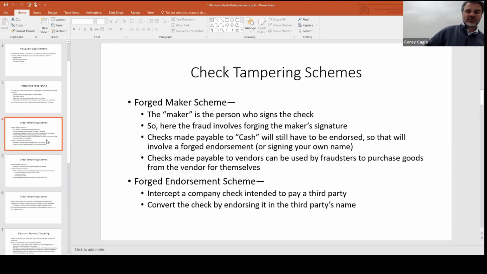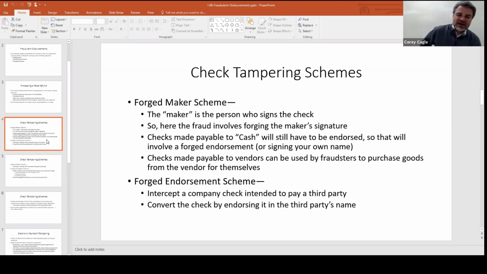Forged maker, the maker is the person who signs the check. The endorser is the one who signs their name and cashes it, right? So you do kind of have to keep that straight. The maker made the check, wrote the check, signed my name, here you go, right? And then whoever endorses it signs their name, give me my money, right?